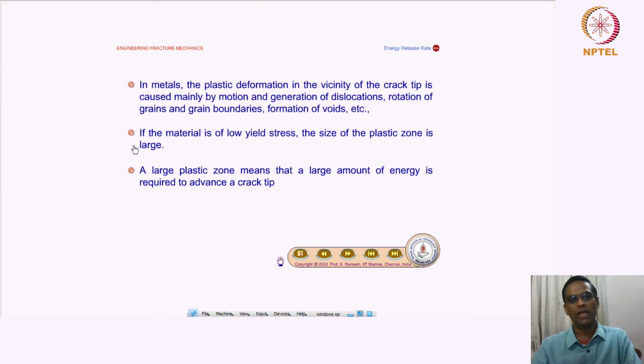For example, mild steel, the size of the plastic zone near the crack tip would be very high. A large plastic zone means that a large amount of energy is required to advance the crack tip. That means the plastic zone size is going to decide the energy required for the crack advancement. That is a modification by Irwin.